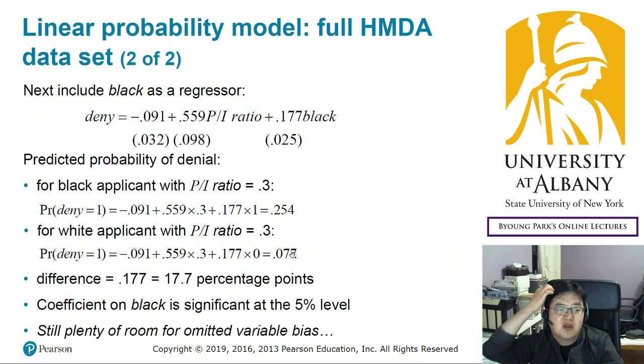Here, we compared non-black applicants to white applicants, and when you calculate the probability of denial, the difference was 17.7 percentage points. 17.7 is this coefficient, right? So that is what this coefficient means. This is the difference between black and non-black.